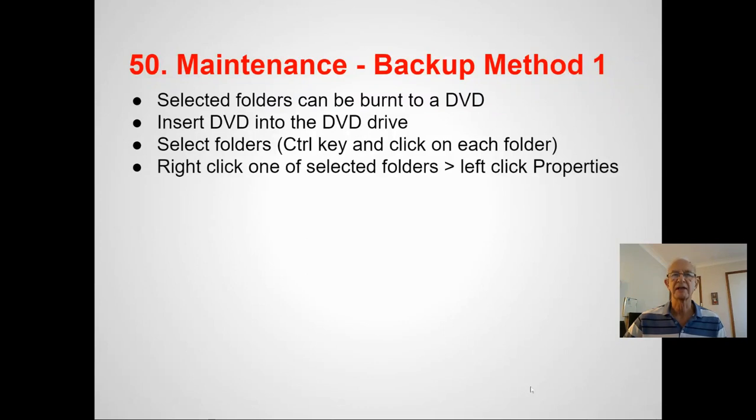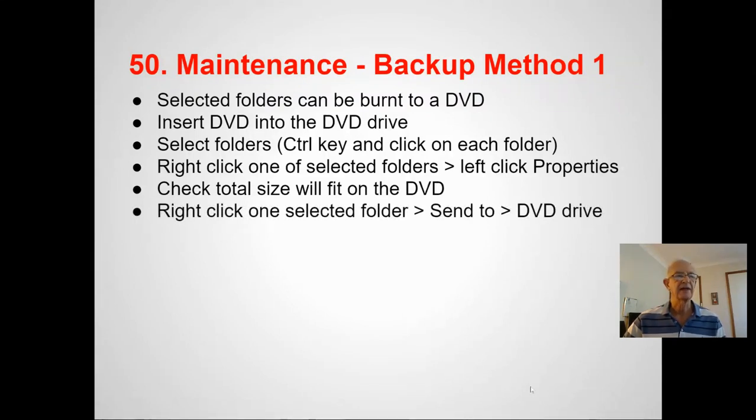And then you right-click one of those folders and left-click Properties to see what the total size is and whether it's going to fit on your DVD. Having done that, you can again right-click on one of the selected folders and send it to the DVD drive.